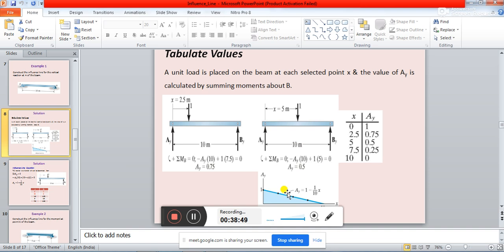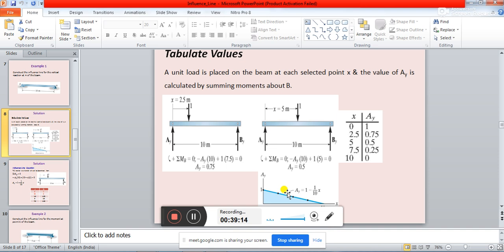The point load you are placing on the beam has a unit of 1, and it is basically a dimensionless quantity. So while finding the influence line diagram, you need not be much worried about the dimension of the load.